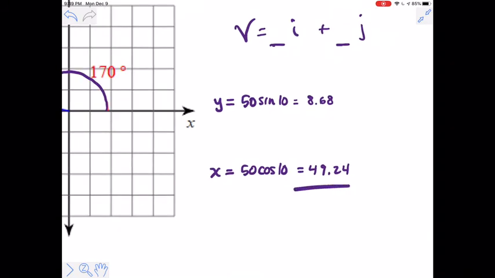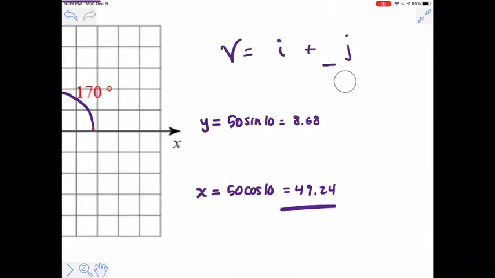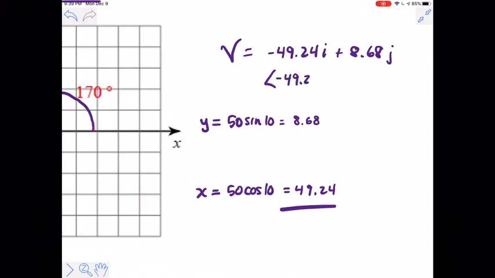It actually needs to be negative 49.24. So we could say vector v is negative 49.24i plus 8.68j. Or we could use the other notation, negative 49.24, 8.68, like that.